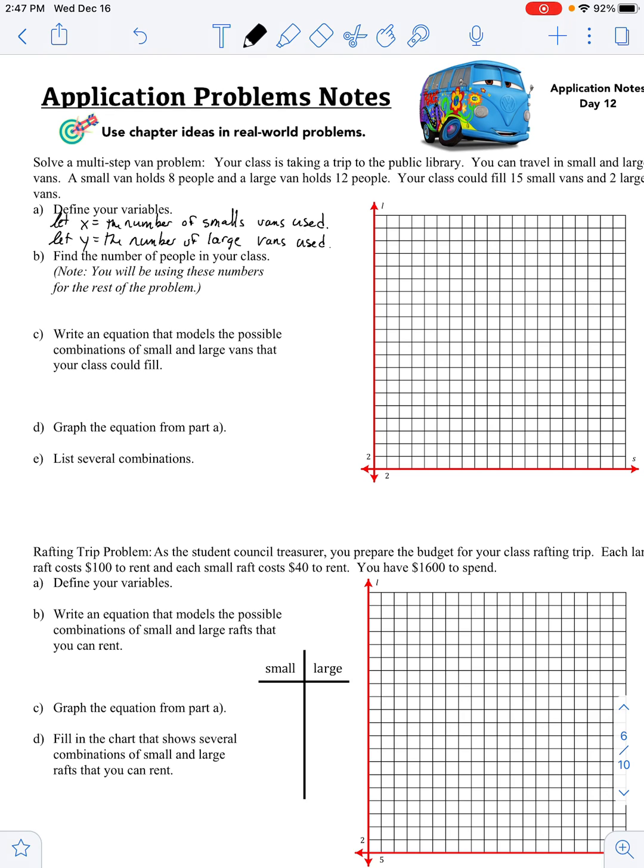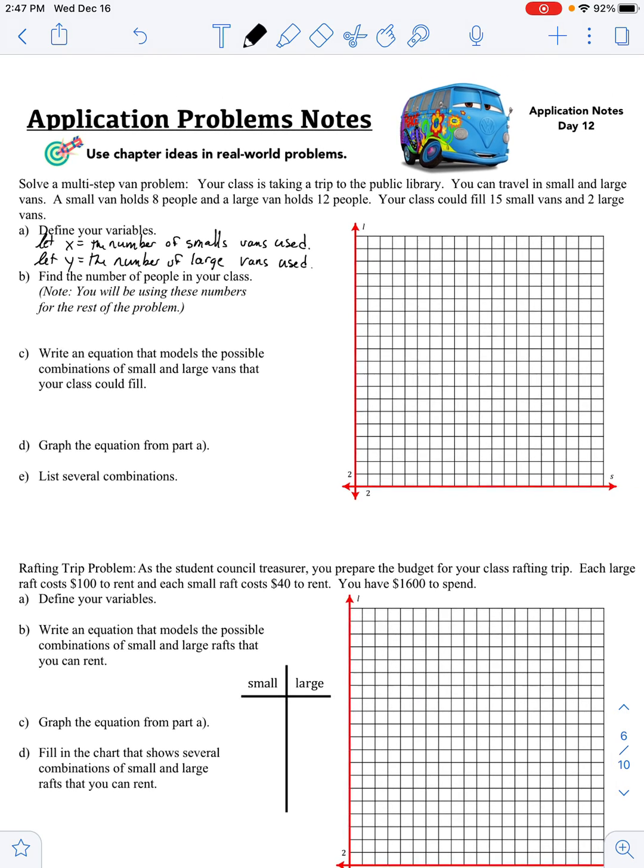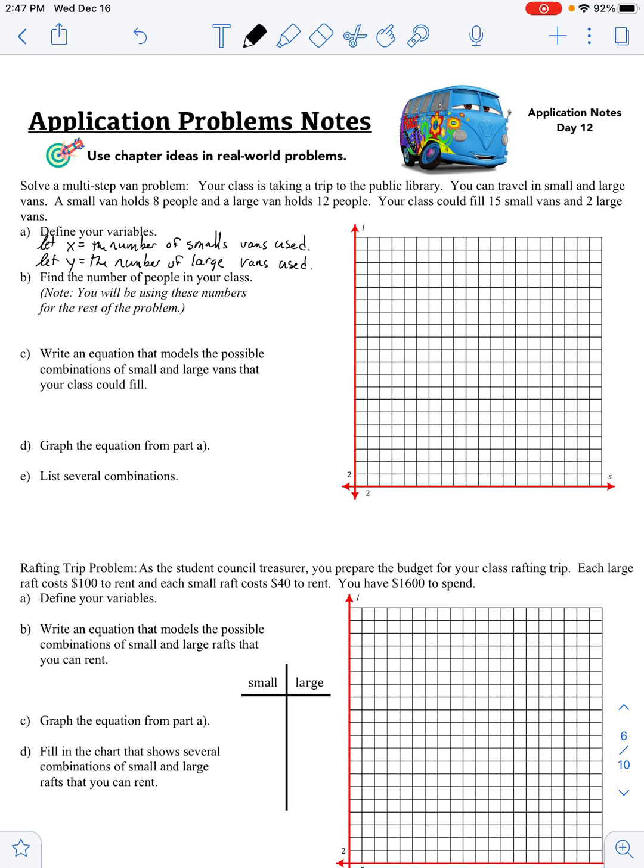Part B asks us to consider how many people are there in your class. And sometimes we look and say, I'm not sure how many people there are in our class, but this sentence here that I'm about ready to highlight is the one that's going to help talk about exactly how many people are in our class, because we're going to assume that we are filling these vans to capacity. We're not going to have extra seats left over.